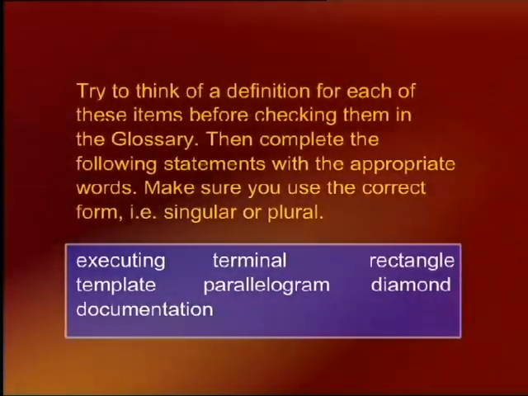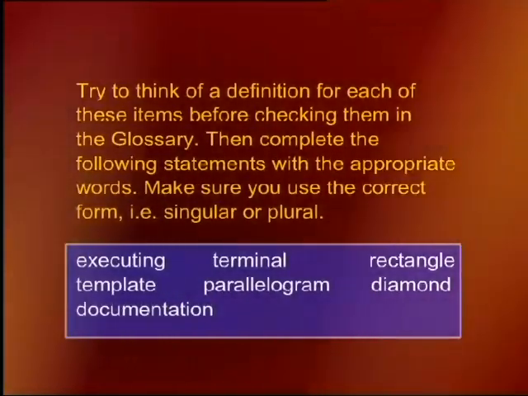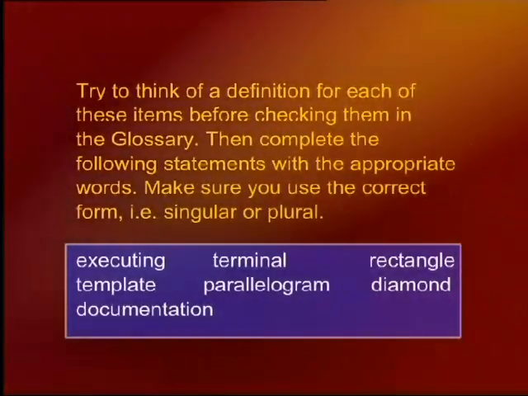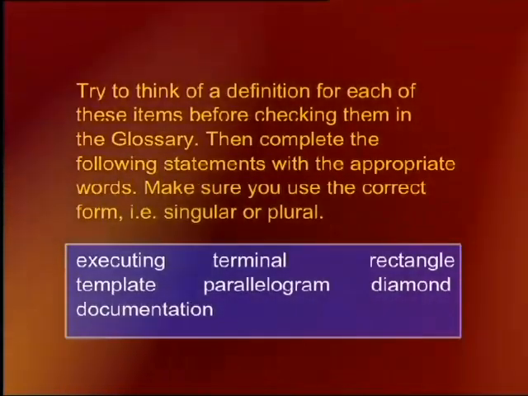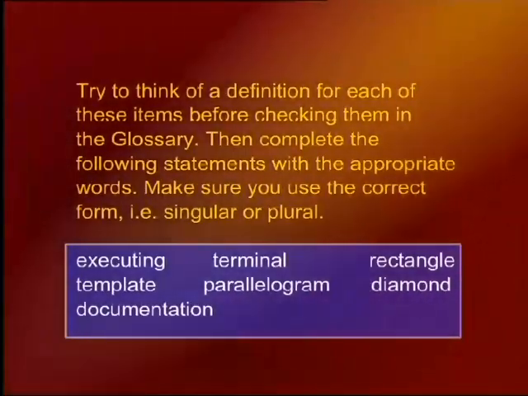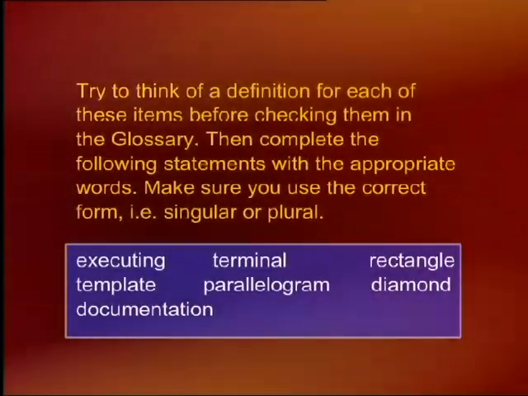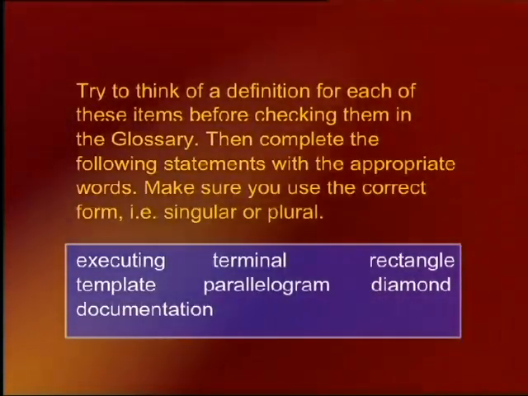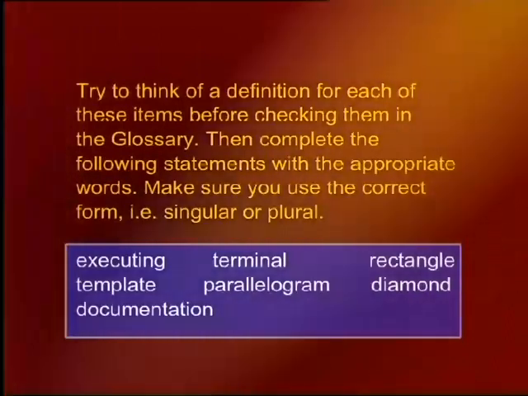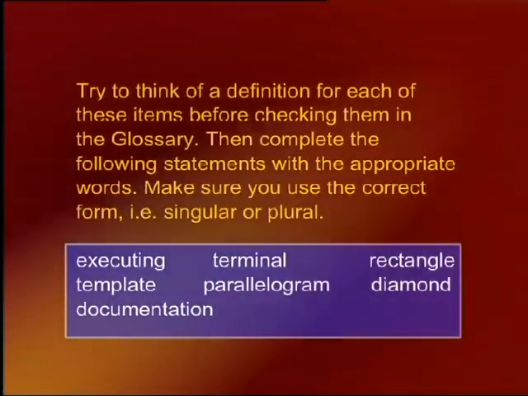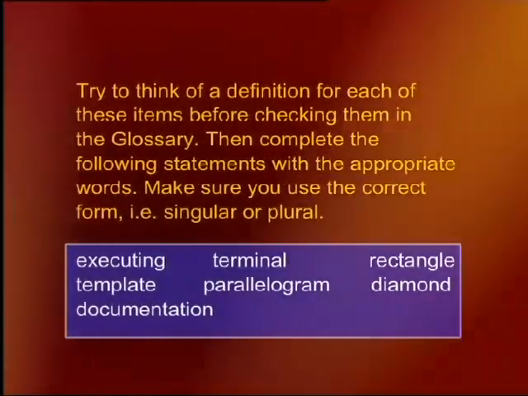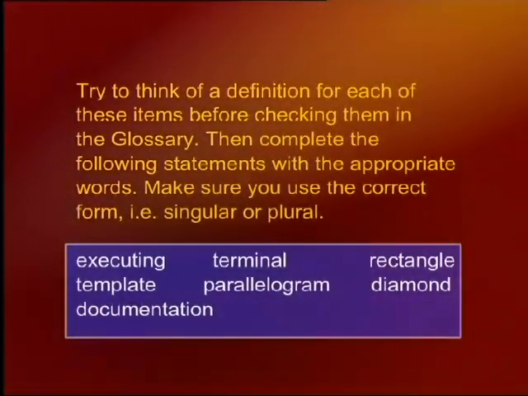Complete the following statements with the appropriate words. And just make sure that you are using the correct form, the singular or plural. And you find that you've got 7 words in the word box. And the words are executing, template, documentation, terminal, parallelogram, rectangle, diamond.